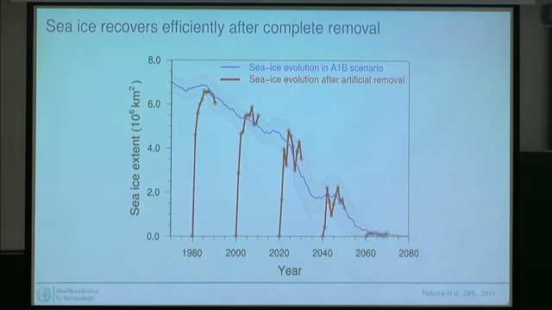But what happened instead, within 2 years or 3 years, the sea ice was just back to where it used to be. And so it really is the total climate state that dictates how much sea ice there should be, rather than the sea ice dictating anything to the atmosphere or the ocean in these simulations here.